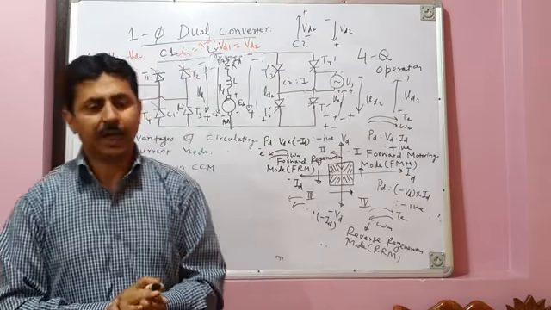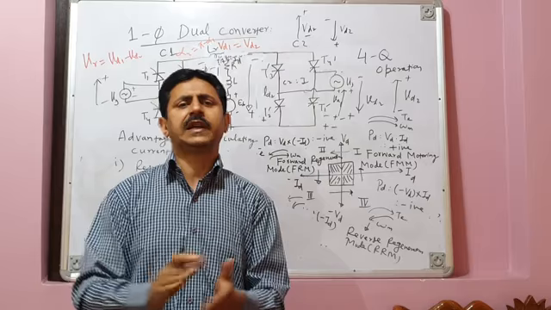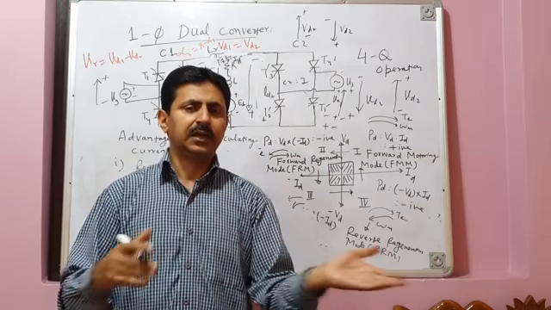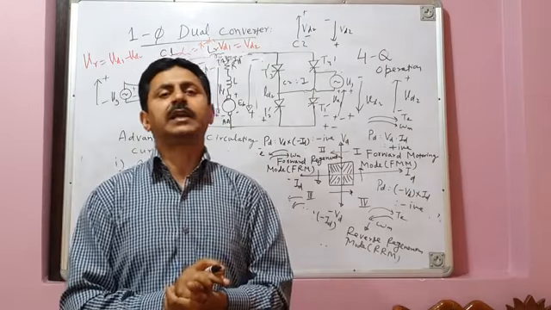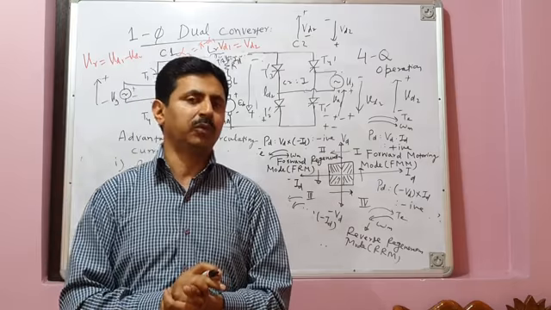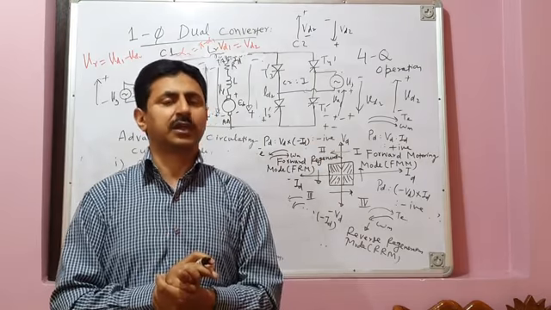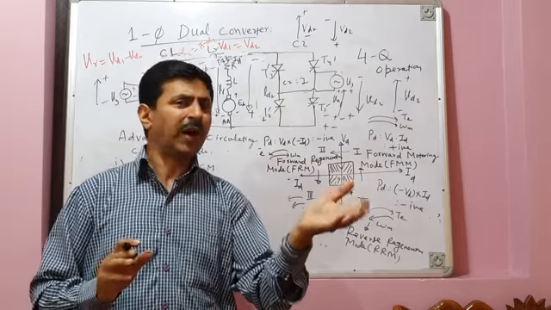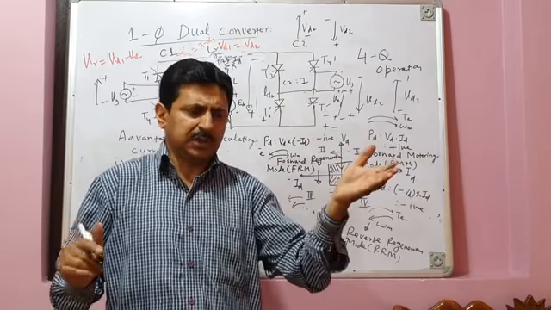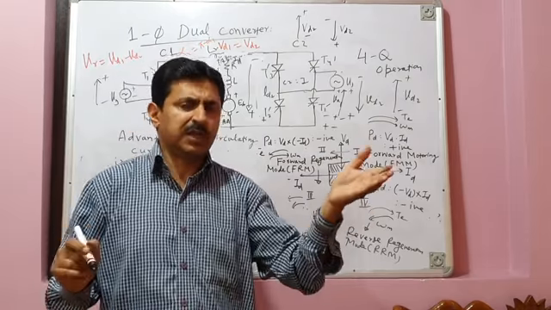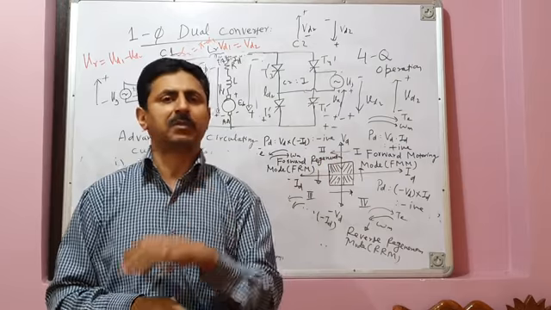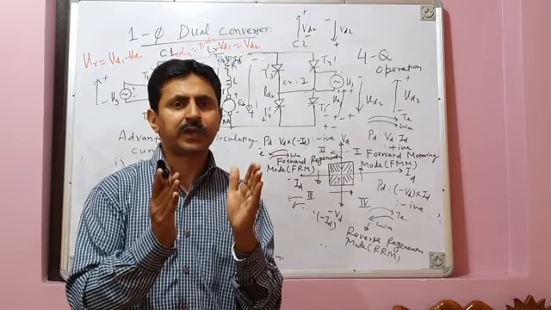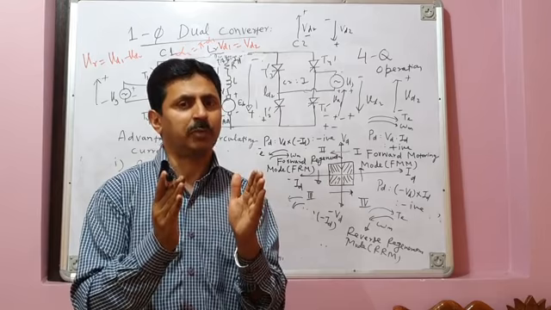And from the point of view of torque-speed characteristics and other advantages, it is always preferable to operate a DC motor in continuous conduction mode of operation than discontinuous conduction mode of operation. Actually, why? Because it's very difficult for me to explain at this stage. We usually teach that to students in the electric drives course, either at BTech level or at MTech level. When a DC motor is operating in continuous conduction mode of operation, it is preferable.